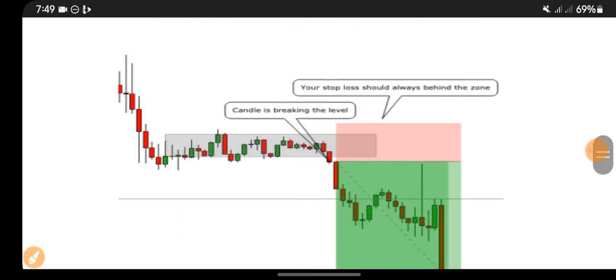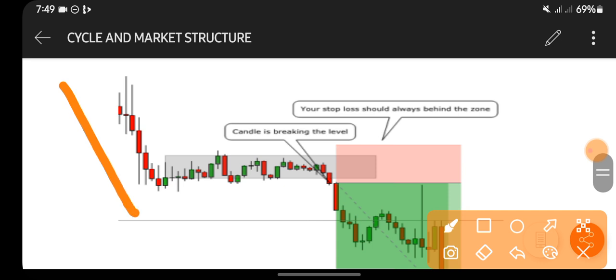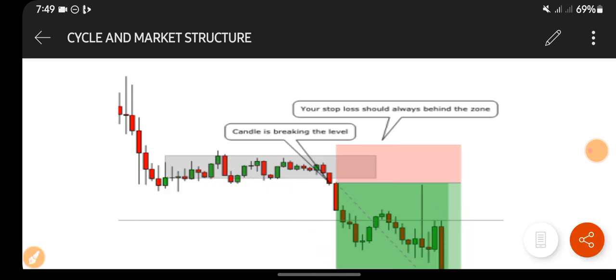It happens most of the time when the price is in a downtrend. It consolidates a little bit, which means it's taking orders again, then it goes down. Most of the time in a downtrend, it takes orders for a while, and the price will always continue the trend.